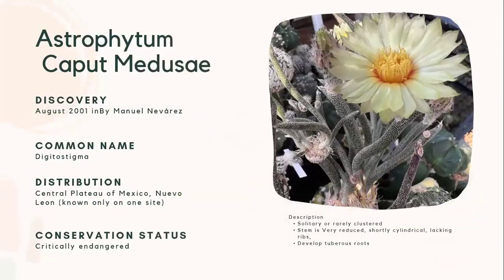So for the Astrophytum caput-medusae, this is the most weird plant in the genus. As I mentioned, the first five Astrophytum have a globose characteristic, and they have spine and spineless forms. But this one, instead of having ribs, has tubercles.